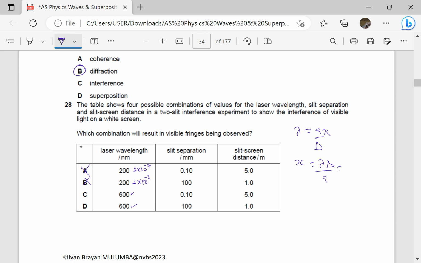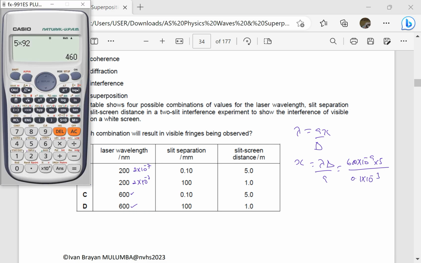Let's check the first one. 600 times 10 power negative 9 times d, which is 5, divided by a, the slit separation, 0.1 times 10 power negative 3.